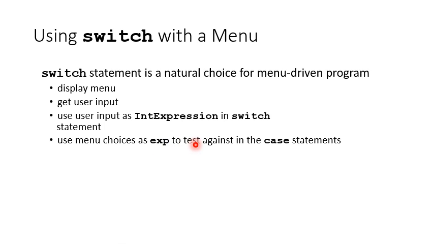So basically, if the user inputs a specific character or integer, the switch statement will try to match the integer or character expression being inputted to the cases that you have. So if the user inputs a specific integer that matches a case expression, it will display all the statements inside the case.